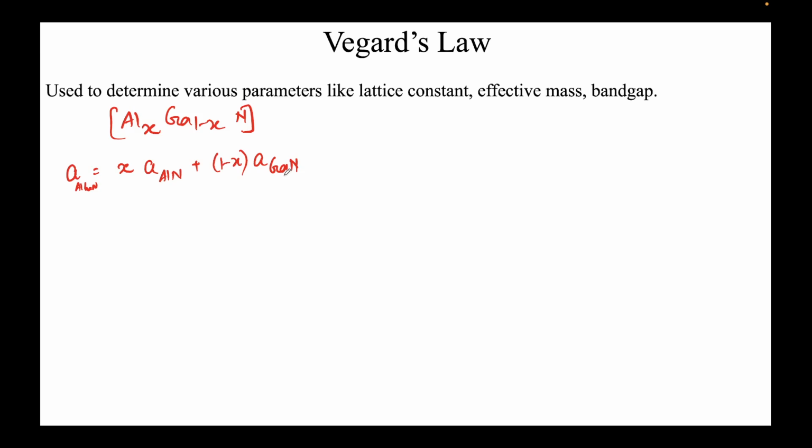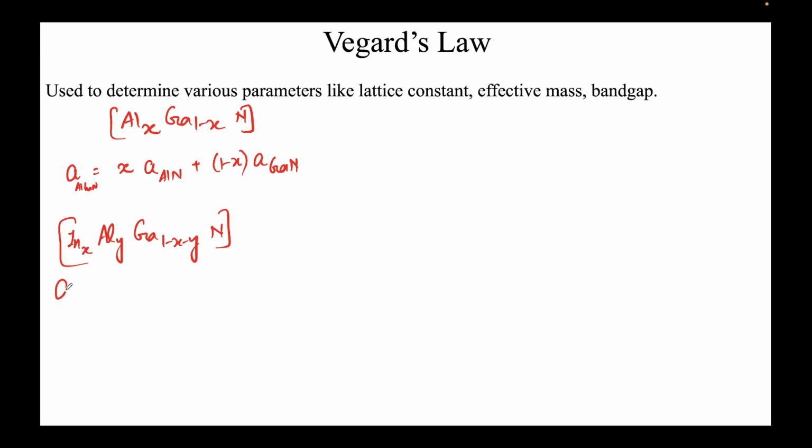Let's now raise the complexity a bit, and I'll write a quaternary one: indium x, aluminium y, gallium 1 minus x minus y nitride. So this time I have a quaternary 3-5 semiconductor.